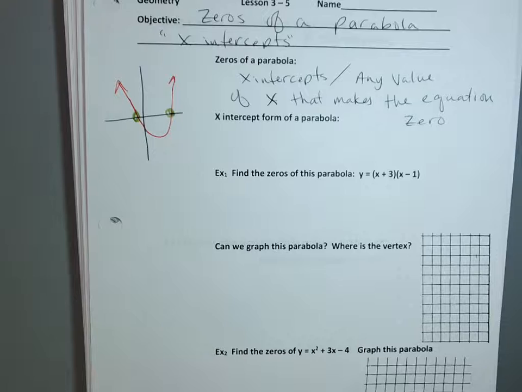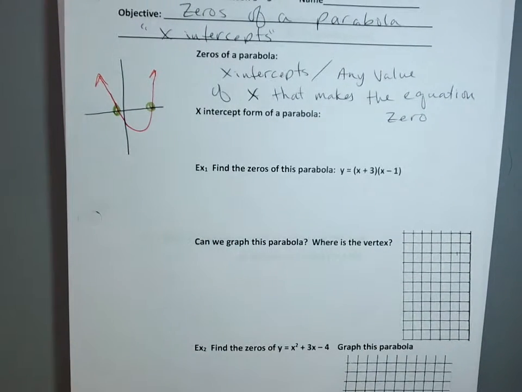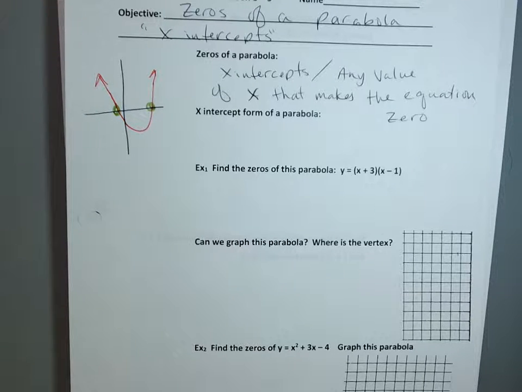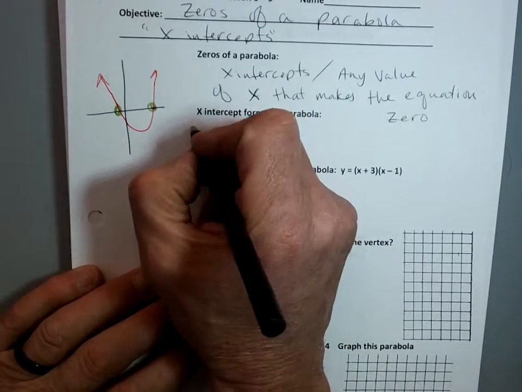We're going to get more into that later, but x-intercepts, right? If I plug in an x value and I get an answer of 0, it's a zero. Does that make sense?